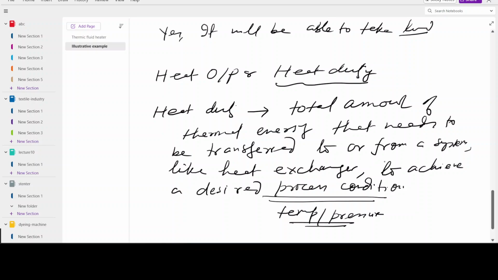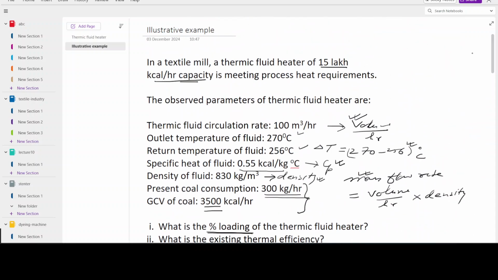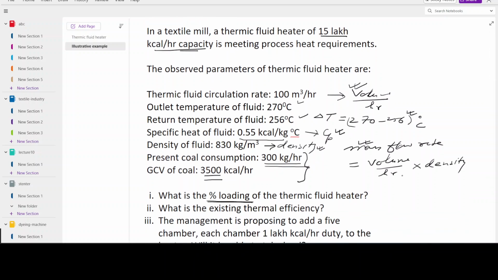In this problem, what have we done? We found the heat output and heat input that gave us the thermal efficiency, and the heat output gave us the percentage loading, because we know the capacity of the thermic fluid heater in this textile mill.